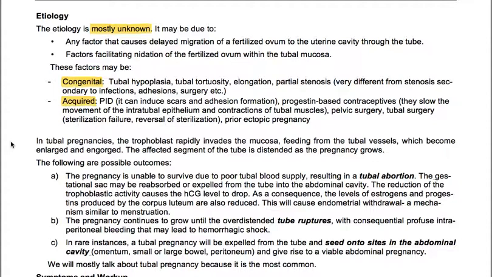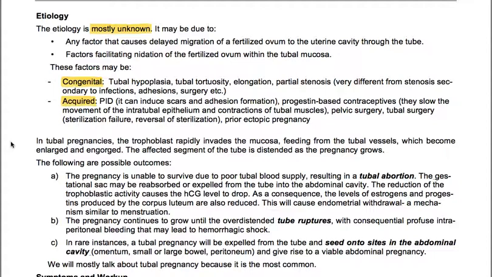In rare instances, a tubal pregnancy will be expelled from the tube and seed onto sites in the abdominal cavity, like the omentum, small or large bowel, and peritoneum, and give rise to a viable abdominal pregnancy.